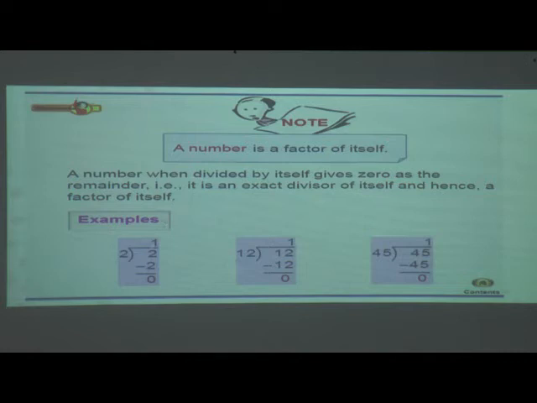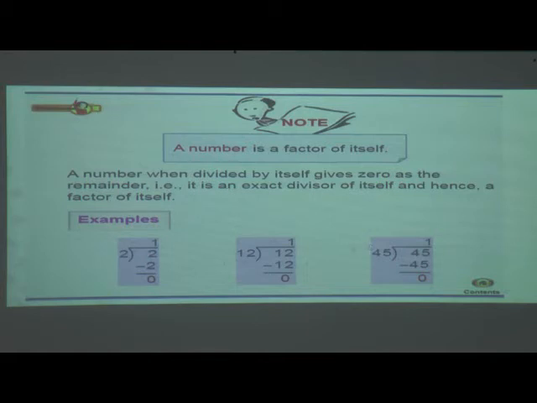For example, when the number is divided by itself, like 2 divided by 2, 2 1s are 2, it gives the remainder 0. 12 divided by 12 gives the remainder 0. 45 divided by 45 gives the remainder 0.